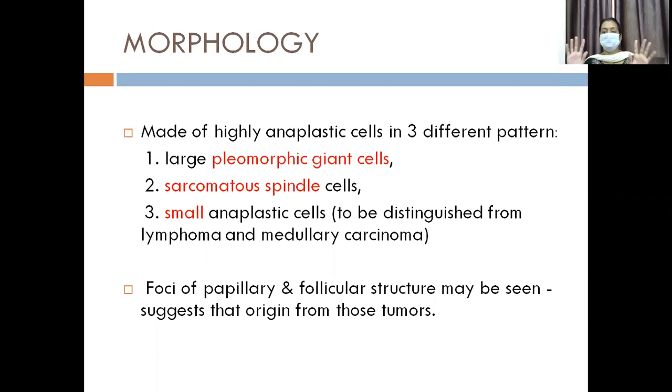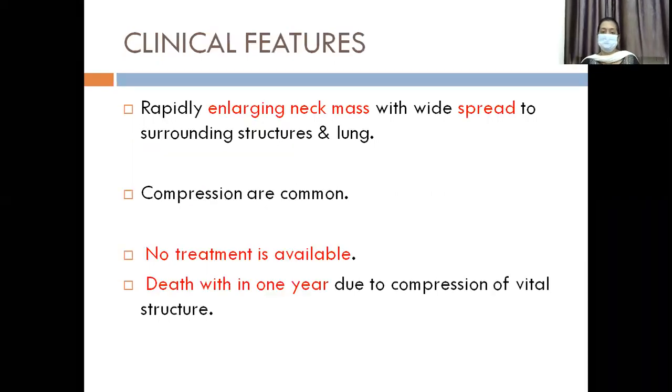In medullary carcinoma, you're seeing a trabecular, spindle arrangement of the cells, and then you see amyloid deposition. That is pathognomonic of medullary carcinoma. In anaplastic carcinoma, you're seeing multiple giant cells, sarcomatous spindle cells that are pleomorphic, and then small anaplastic cells that have to be differentiated from lymphoma and medullary carcinoma.